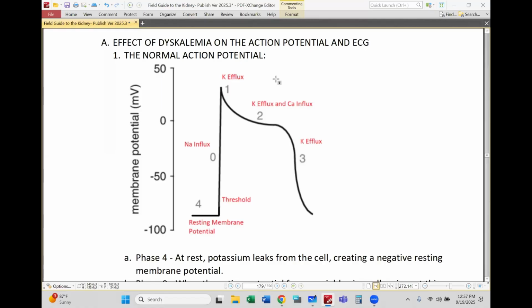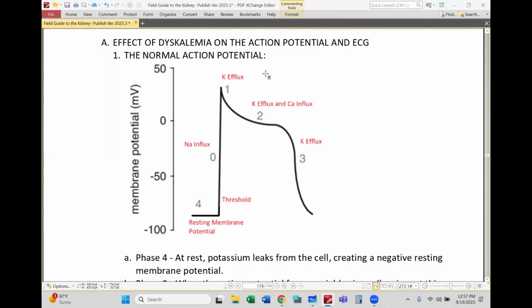Okay. In fact, some of this K that's leaving the cell actually influences blood flow in the limb. Okay. So muscle exertion causes vasodilation in part because of the K that's being lost from the myocyte. Okay.